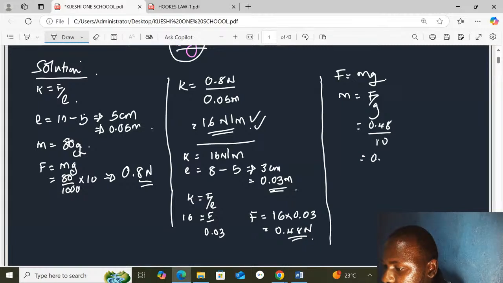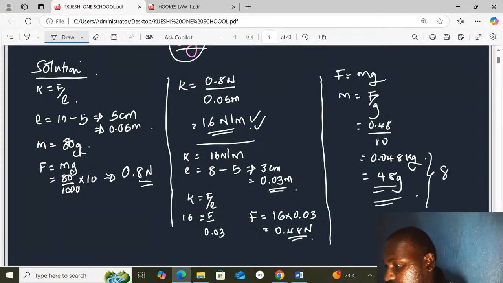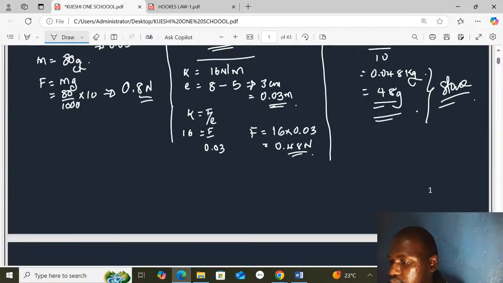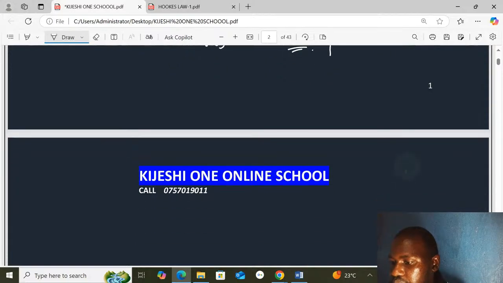This is 0.048 kilograms. And this is equivalent to 48 grams. So this is the weight, the mass of the stone. We can now declare and move on to combined spring constant.